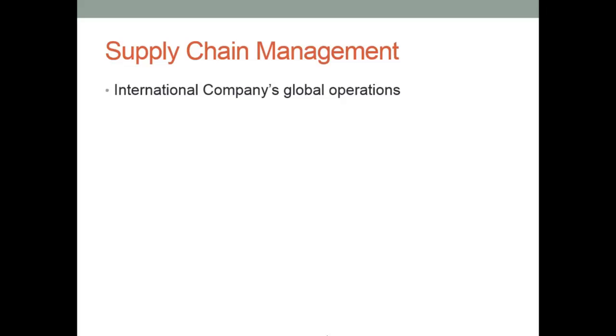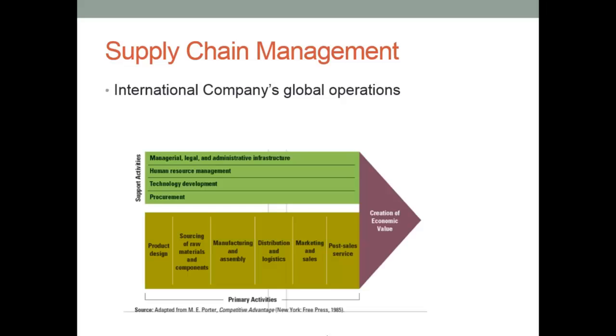An international company's global operations are, strictly speaking, the activities it performs, which are illustrated in its value chain. This is an example of a value chain. So all the activities that are present here are the activities performed by any firm, an international company too. But when we speak of the supply chain, we have to look at a much broader range of activities.